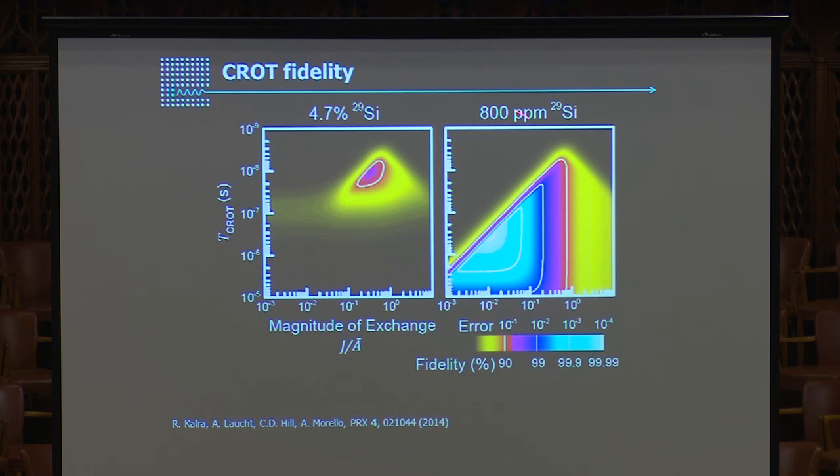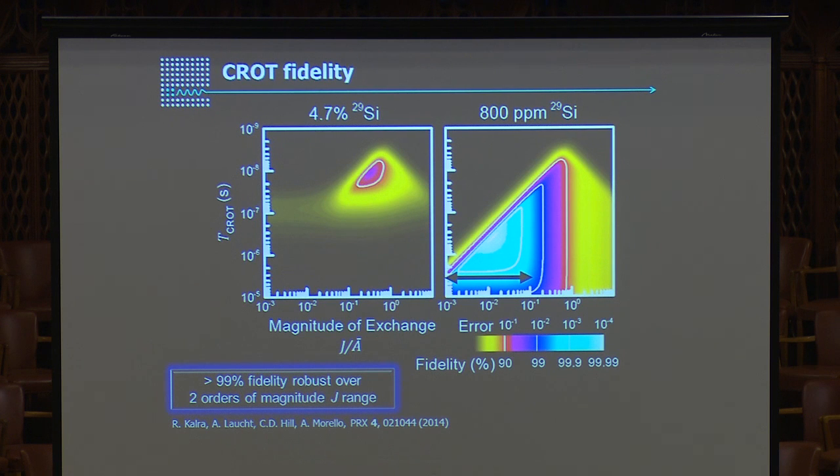If you have the 1 kilohertz line of isotopically enriched silicon-28, you can get 99.9% fidelity somewhere in some optimum. But even without that, you can still get 99% fidelity over at least 2 orders of magnitude slack on the exchange interaction. So this is the kind of thing that, at least in the short term, makes me confident that we can get it to work.